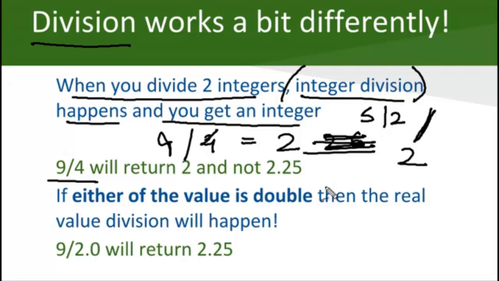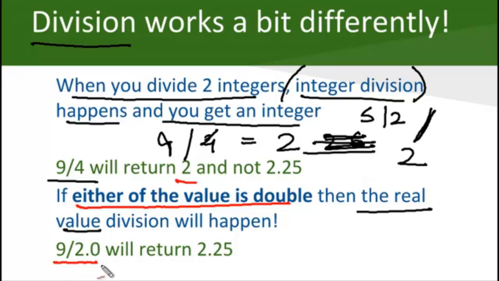But if you want to get the real value answer, you need to specify either of the values as double. The double value for 2 is 2.0. Now if you do 9 divided by 2.0, 2.0 is a real value. If either of the values is double, then it will return a double value.